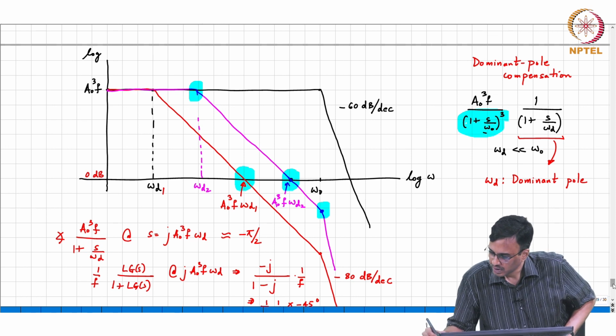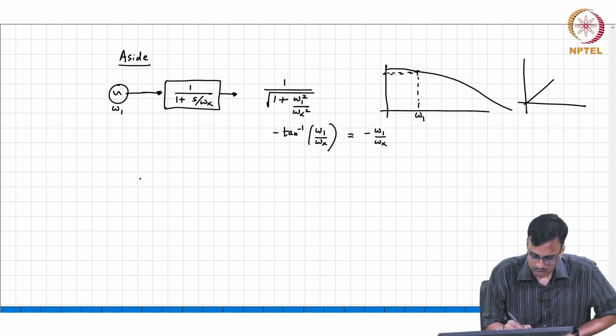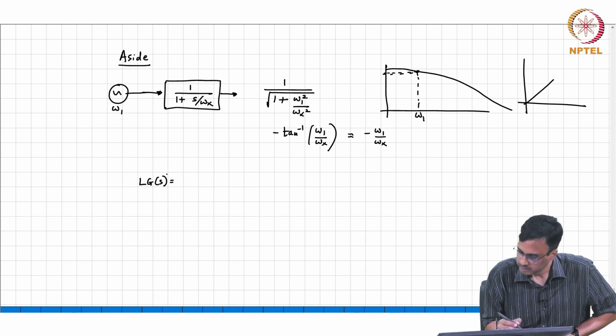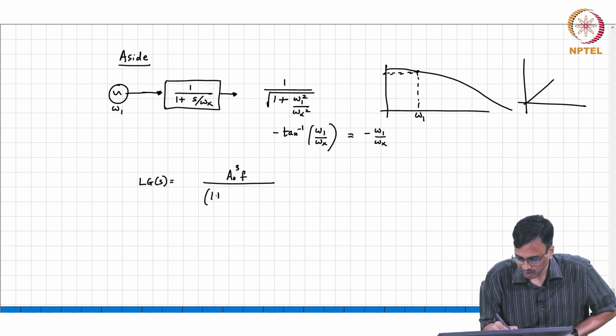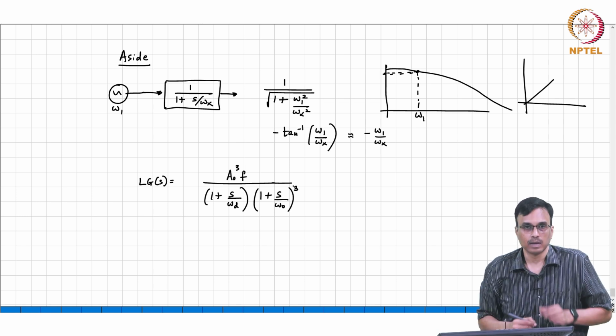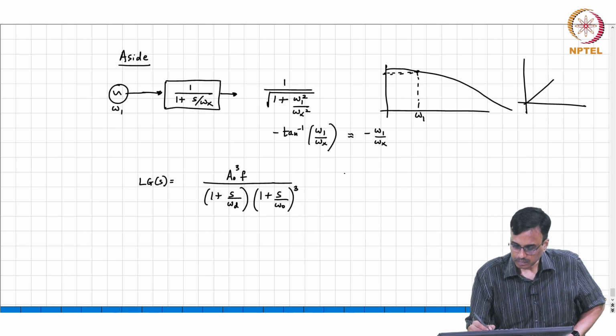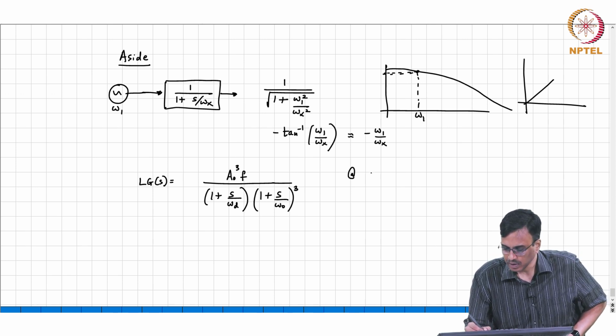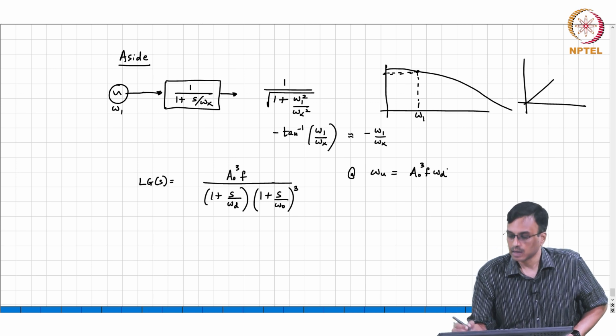So, if the loop gain function is a naught cube f over 1 plus s by omega d times 1 plus s over omega naught the whole cube, then at the unity gain frequency, which is approximately a naught cube f omega d, what is the magnitude of the loop gain function at the unity gain frequency?